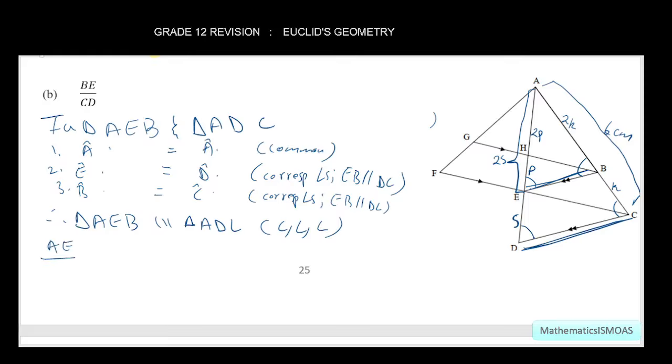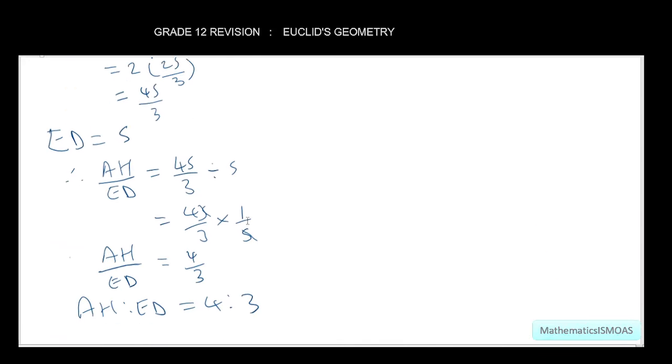AE over AD, I'm sure now you know how to write down the ratios, is equal to EB over DC, is equal to EB over AC. And our reason will be similar triangles.